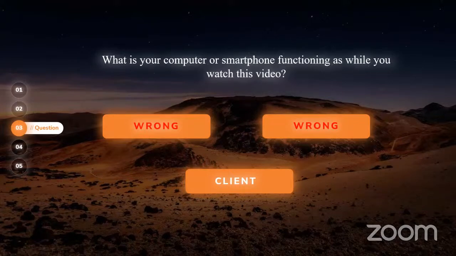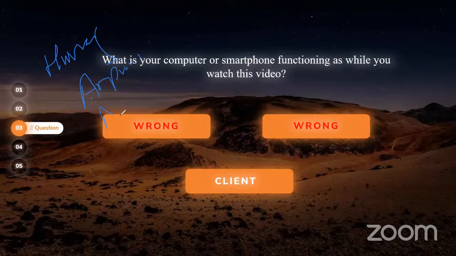Anyone has any doubts on this particular question? Can you explain the difference between client and end host? End host is just a category. We all are humans, right? And in that, what is your name? Arpun, sir. So your name is Arpun and my name is Nitish, but you and me both are humans.